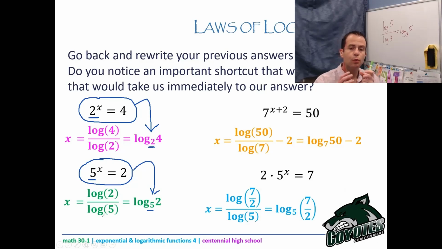So there's a lot happening at once here, and I don't want to rush you through this because I want you to see these connections. This 2 to the x equals 4 is written in what we call exponential form. This x equals log base 2 of 4 is written in what we call log form, okay?